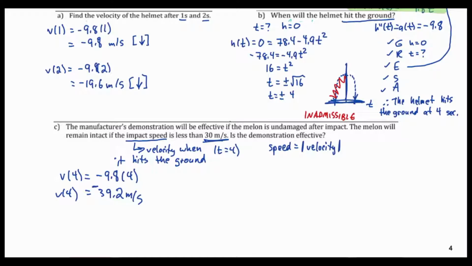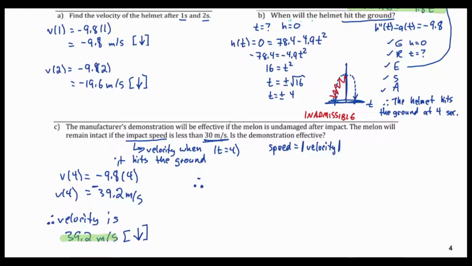So that means our velocity is 39.2 meters per second in the down direction. And so what is the speed? Remember, speed is just the magnitude of the velocity. So the speed is 39.2 meters per second. And we notice pretty quickly that that is greater than our maximum of 30.